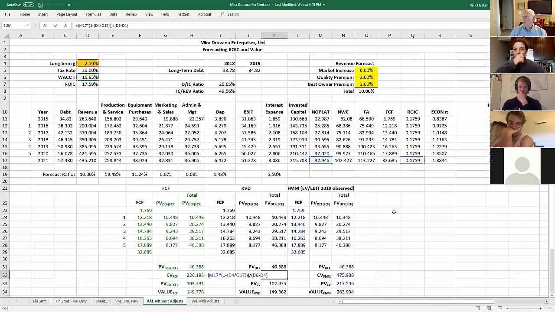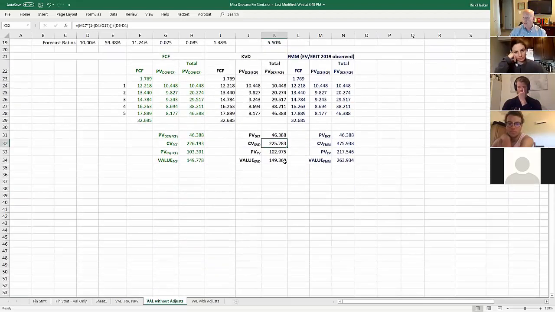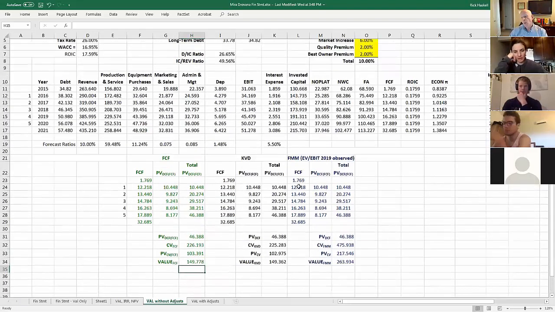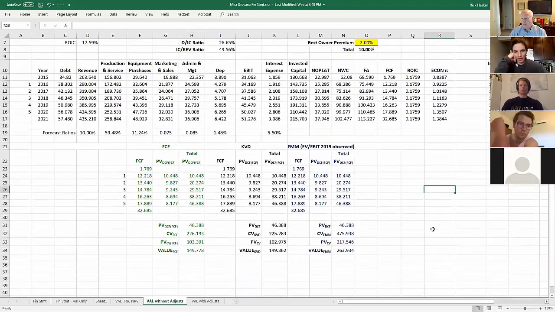Now, when we've looked at the KVD model compared to the free cash flow model before, we've seen bigger differences in outcomes than we're seeing here, haven't we? Yeah. In fact, usually when we look at it, we see the outcomes are widely different. So why is it that in using it this time, the outcomes are not identical, but nearly so?